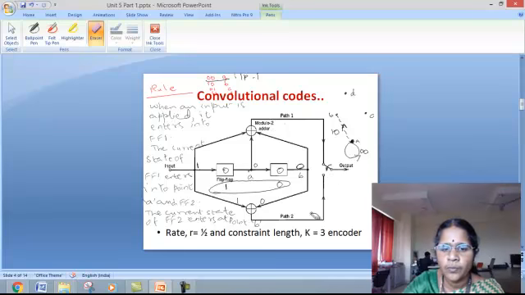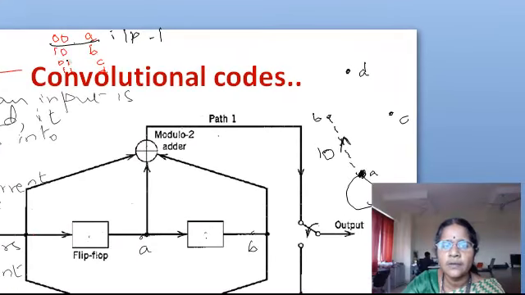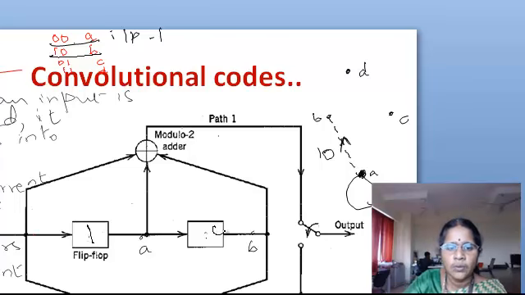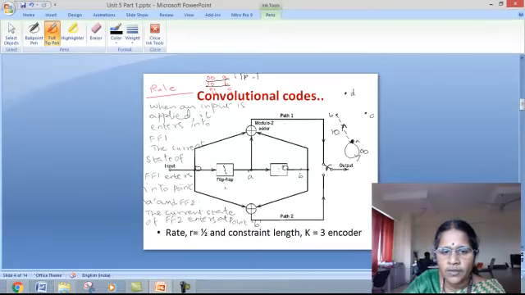Now let us move on to the next state. Here, consider the initial state of the encoder as 1, 0. Now when you give an input of 0, this flip-flop now becomes 0.